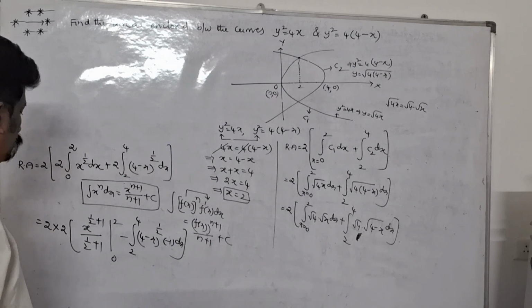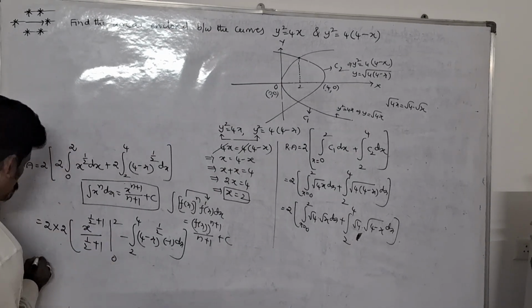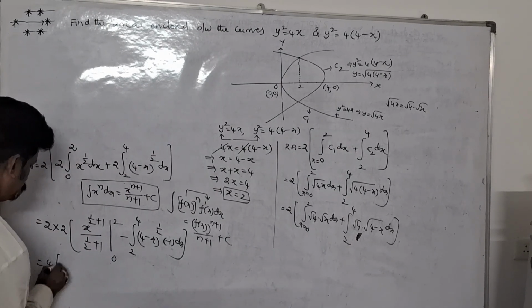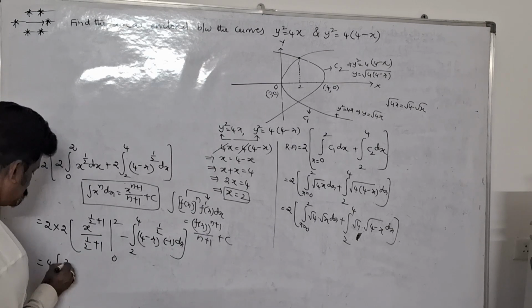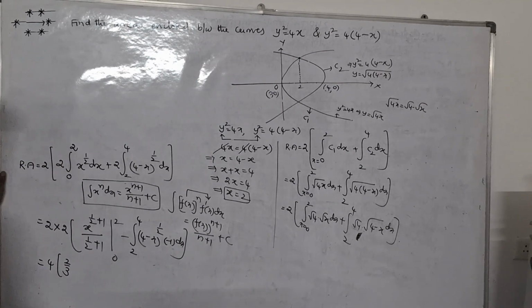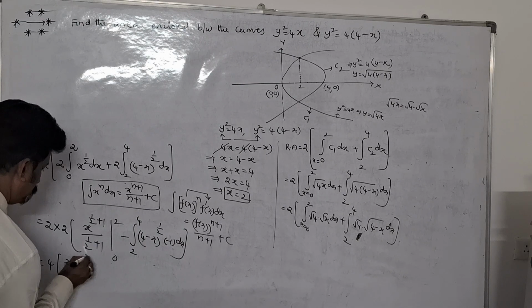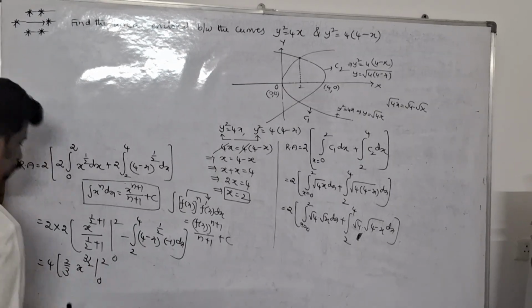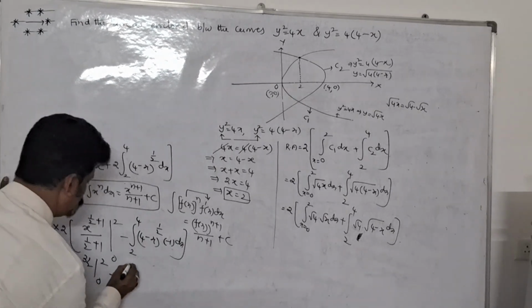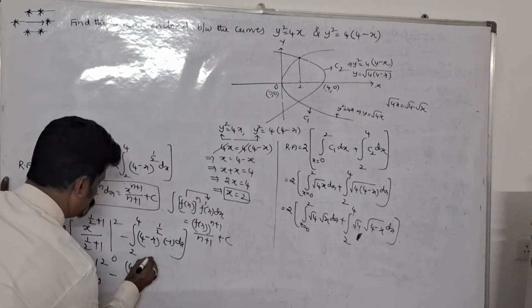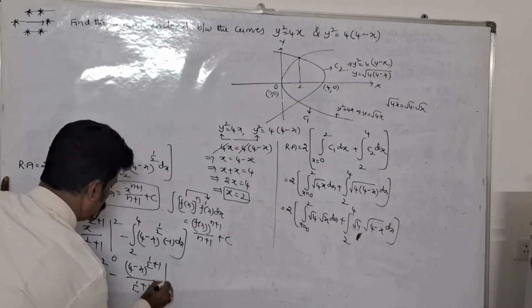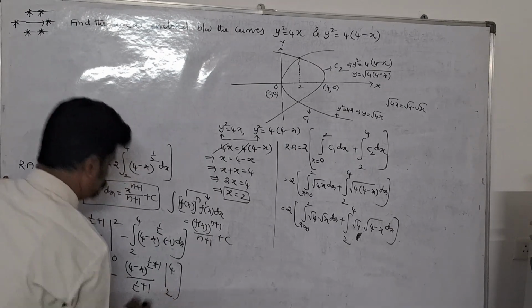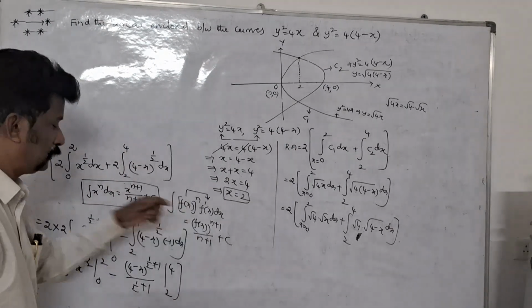Right? So now this is equal to 4 into, this one is 1 by 2 plus 1 is equal to 3 by 2, so this implies 2 by 3 x to the power of 3 by 2, limits are 0 to 2, minus. Now this one is 4 minus x whole to the power of 1 by 2 plus 1 by 1 by 2 plus 1, limits are 2 to 4 according to this formula.